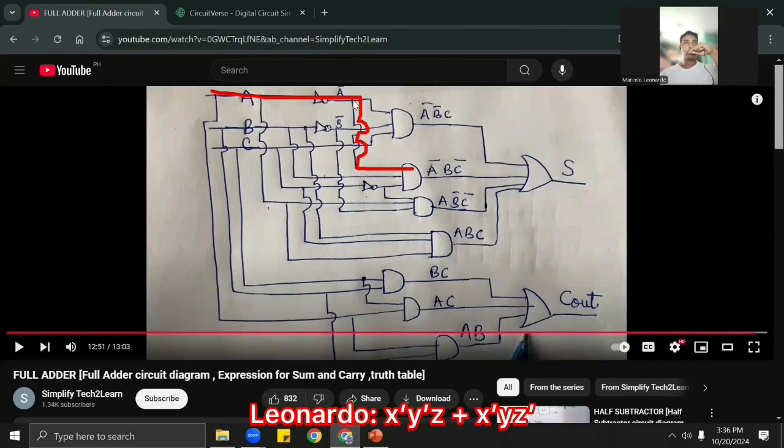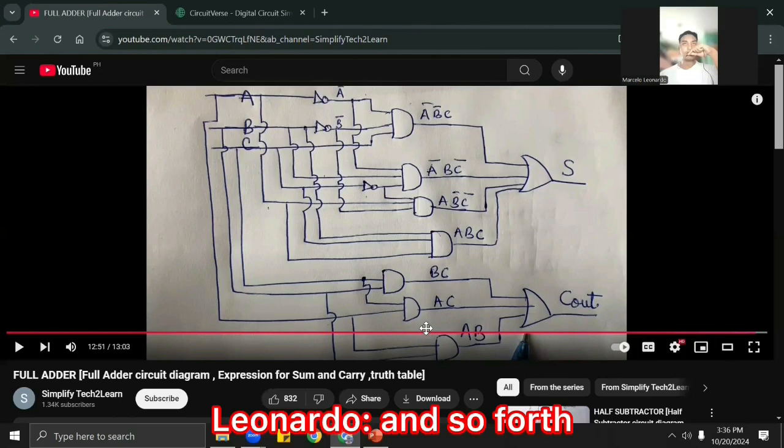Then Y. So, bago mag-not, bumaba na siya. Then sa Z not here. And so on and so forth.